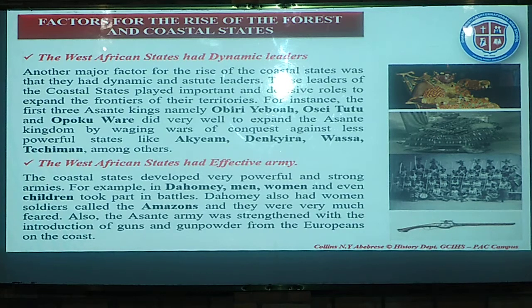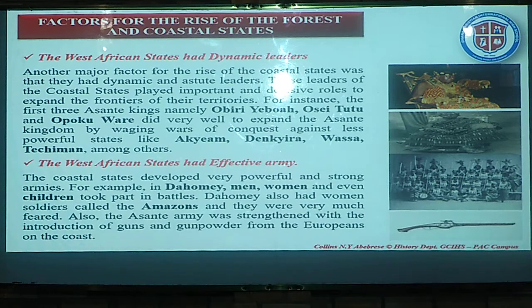The West African states also had effective armies. All these West African states we have looked at had powerful armies, so you could not attack them anyhow. For example, if you go to Dahomey, men and women, and even children, took part in battle. So there was no way you could attack and defeat them.